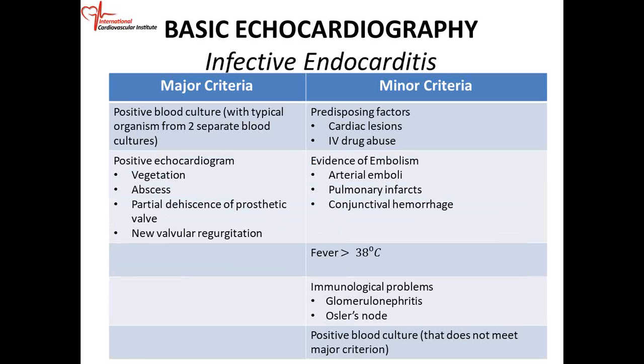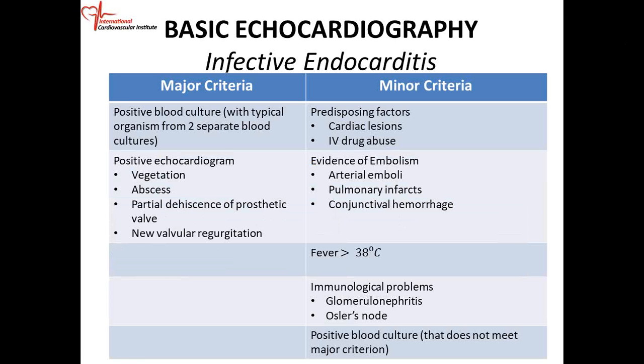So you have to know the major criteria, and the major criteria is basically blood cultures and echo features. Okay, and so for the echo, we talk about vegetation, abscess, fistula as well, partial dehiscence of a prosthetic valve or a new valvular regurgitant murmur.